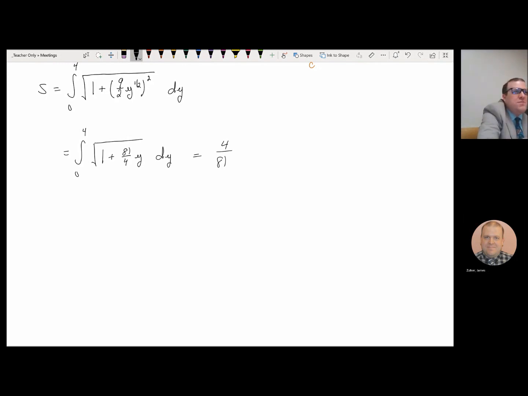So we're just going to have to multiply the result by 4 over 81. All right, now it's just the integral of the square root of u. All right, 2/3 u to the 3/2. And this will be 0 to 4.